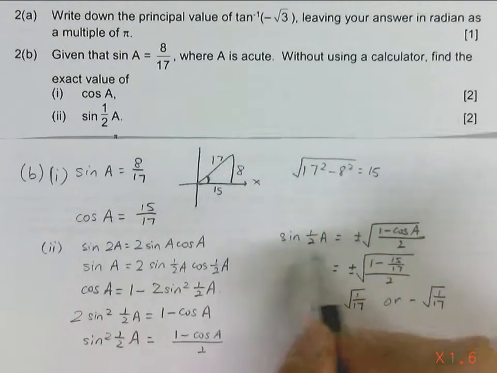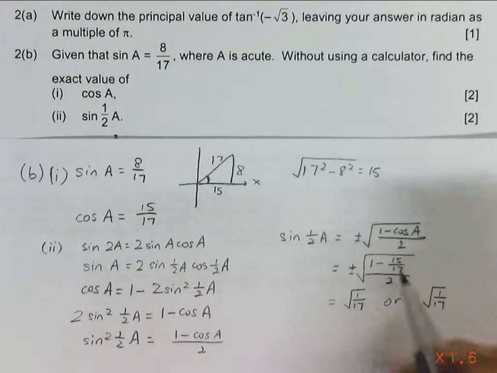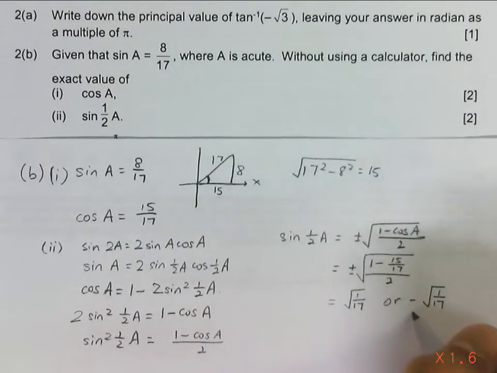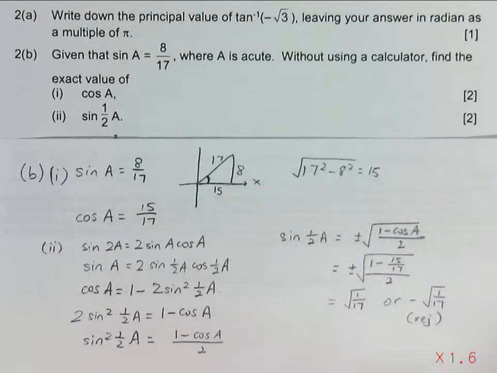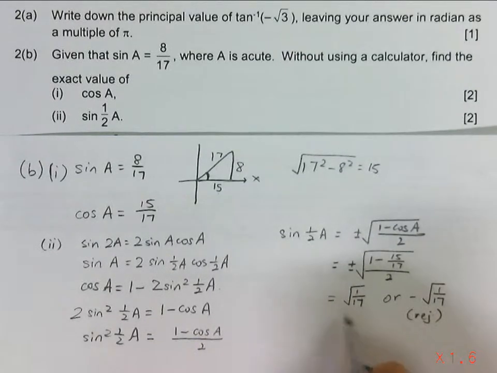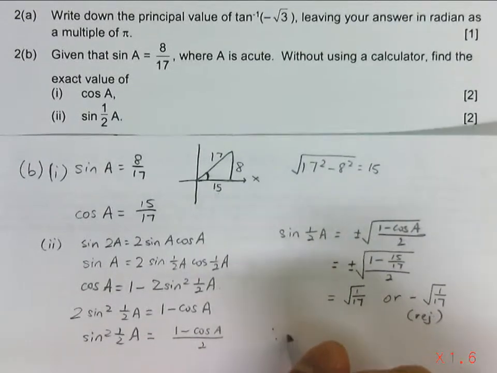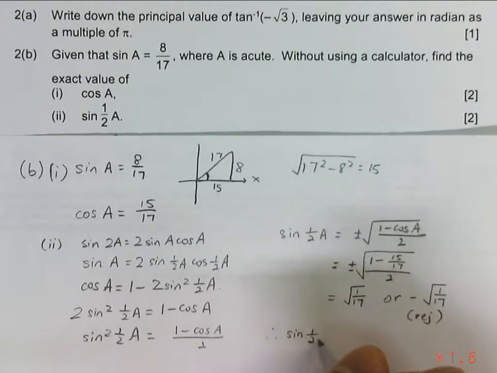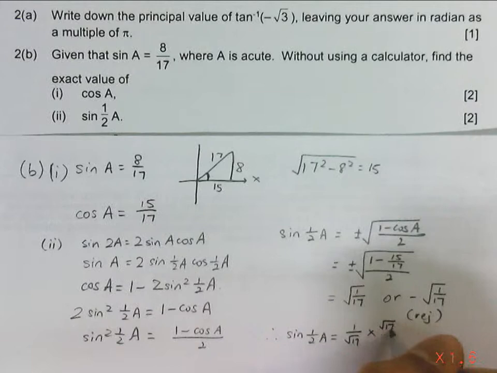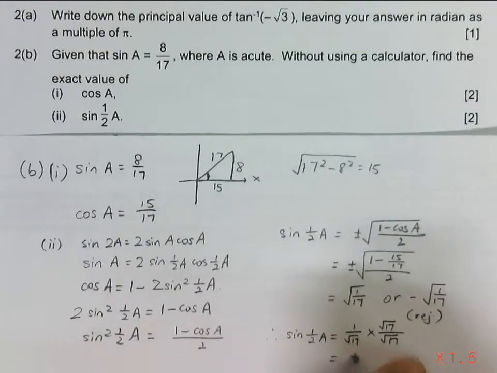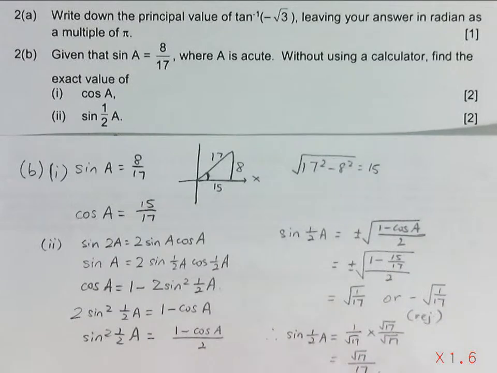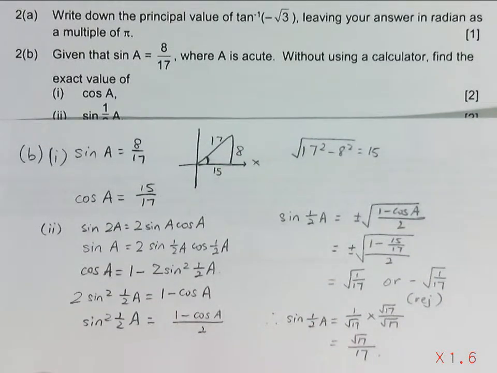So sine half A must have a positive ratio, so we can simply reject the negative side. And doing some rationalization, we leave the answer after we have rationalized the denominator. And this will be the answer.